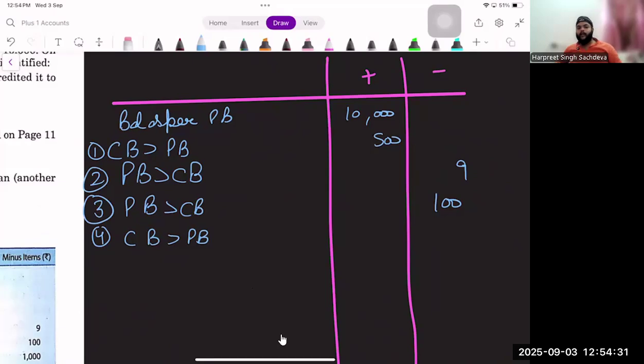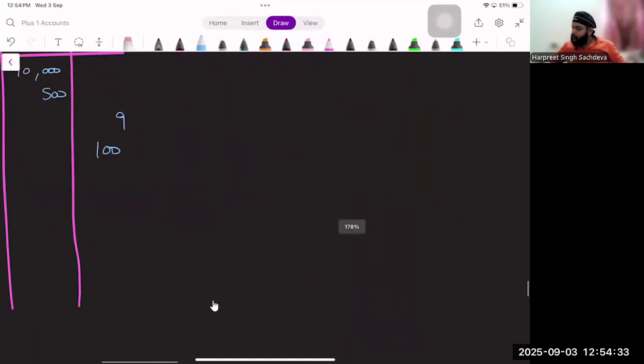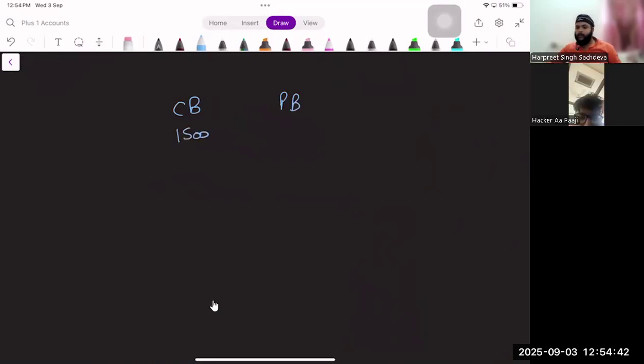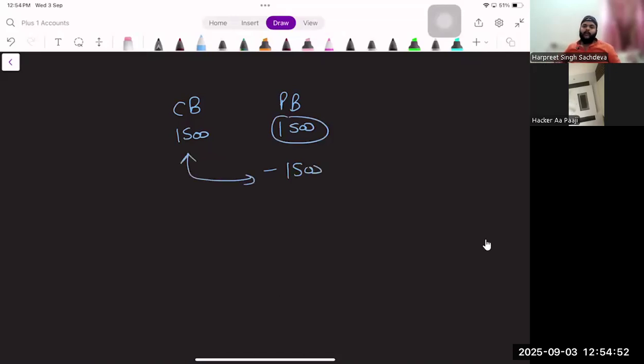Yes, clear. But now think of one important point. Vanshika, we were on 1500 positive. Passbook was also on 1500 positive, but we recorded passbook as 1500 negative. So what will be the difference?